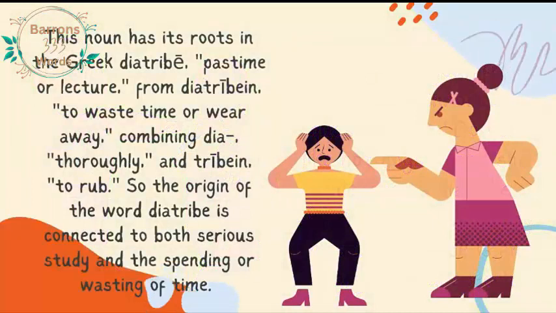This noun has its roots in the Greek diatribe, pastime or lecture, from diatribein, to waste time or wear away, combining dia, thoroughly, and tribein, to rub. So the origin of the word diatribe is connected to both serious study and the spending or wasting of time.